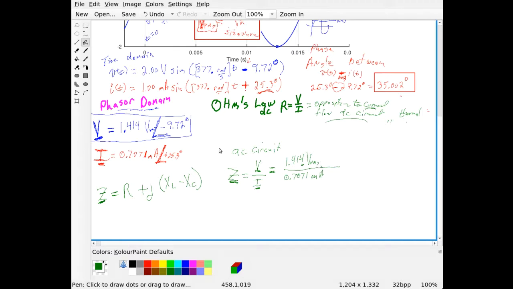But then remember there are angles associated with these. So we have an angle of minus 9.72 degrees and an angle of plus 25.3 degrees.